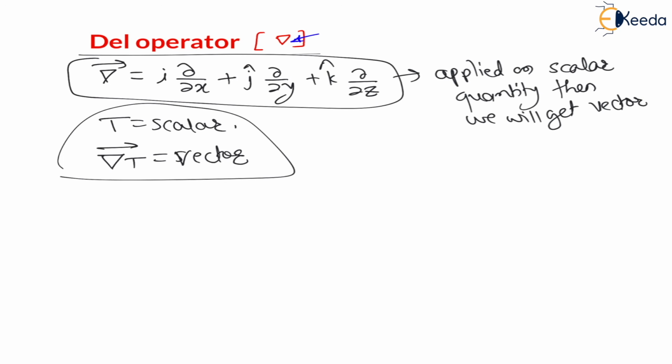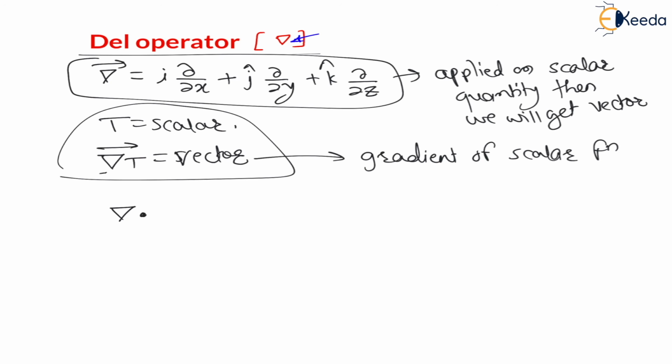And this del operator has many applications. Now here this del operator we have applied on the scalar function. Therefore whenever this del operator is applied on a scalar function, then it is called the gradient of the scalar function. And whenever this del operator is applied on another vector, how to operate?